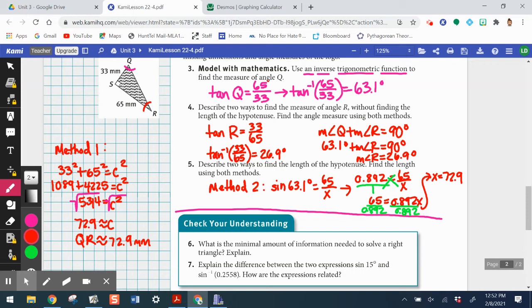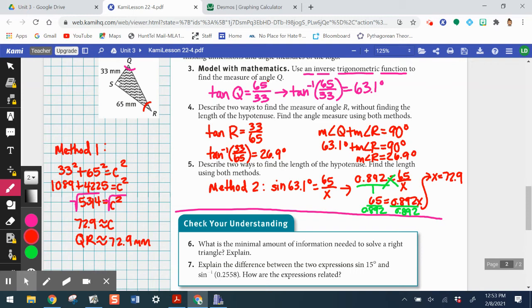Regardless, if you were to put 65 squared first or 33 squared first, you're still going to get to this sum, 5,314. Unfortunately, 5,314 is not a perfect square, because when I take the square root of 5,314, I get a decimal. And so roughly the length of QR, the hypotenuse, is 72.9 millimeters.